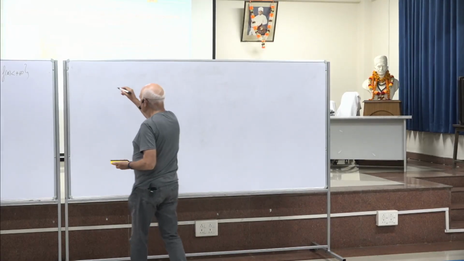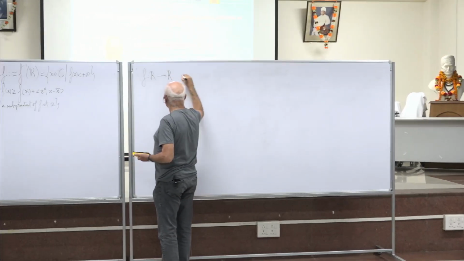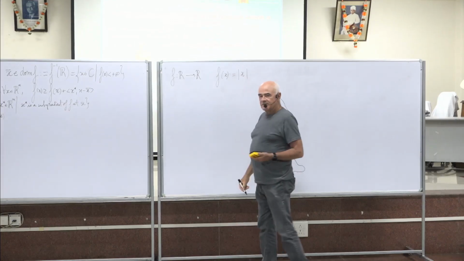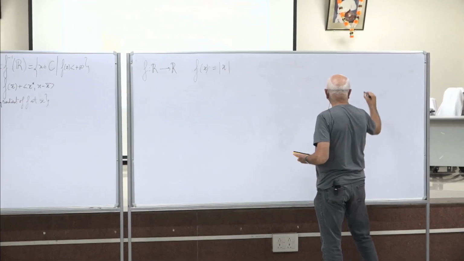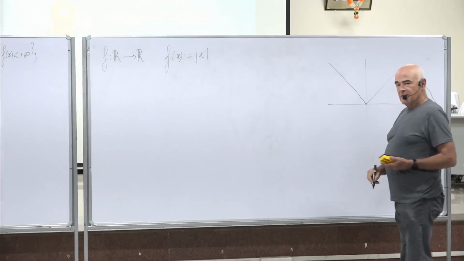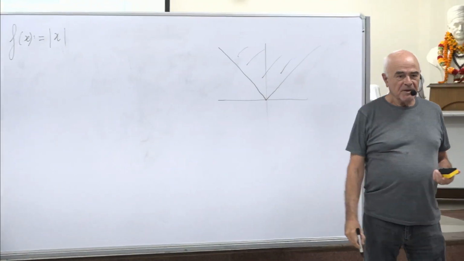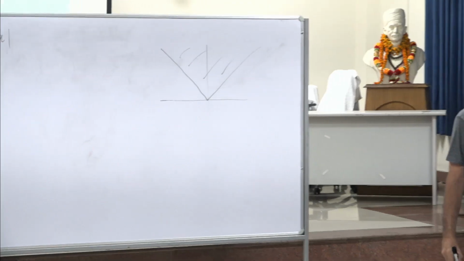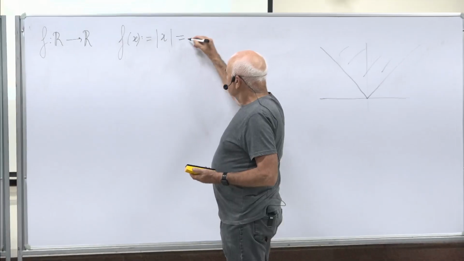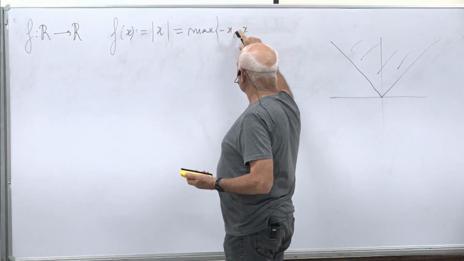Okay? This is a convex function, of course, because its epigraph is a convex set, or if you want, because this is the maximum between minus x and x.